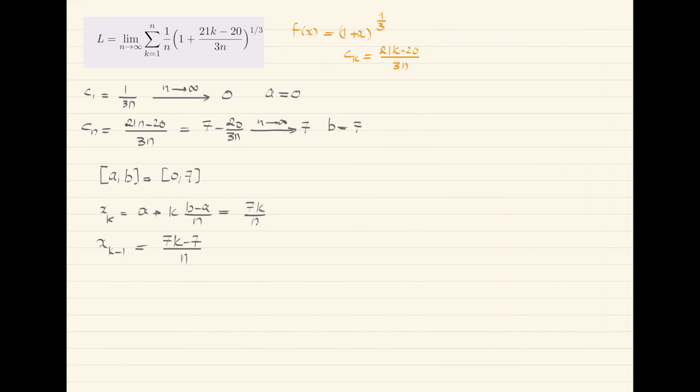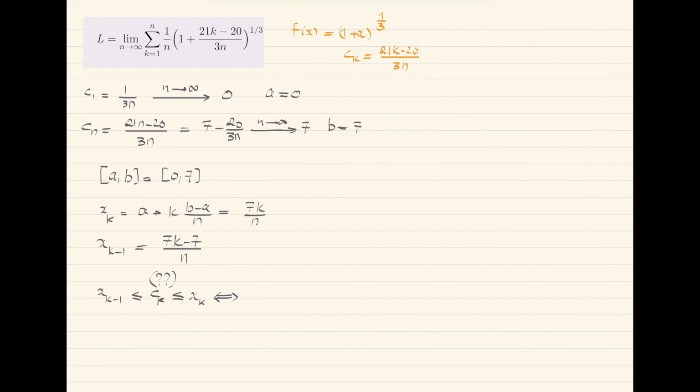Now I have to really confirm that this is indeed true, that x sub k minus 1 is less than or equal to ck, which is less than or equal to x sub k. I have to double check this. Okay, but let me simplify to see if this is true or false. Instead of x sub k minus 1, I can put this expression, and instead of ck, I can put this expression, and instead of xk, I can write that.